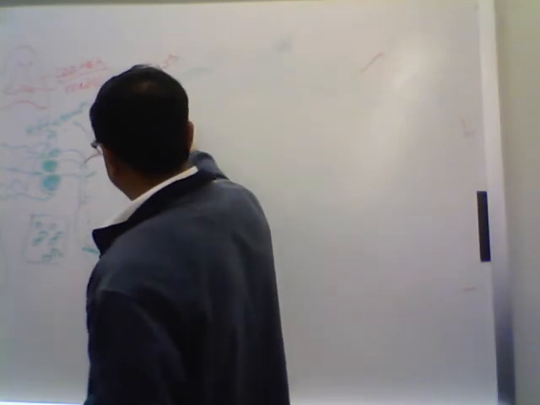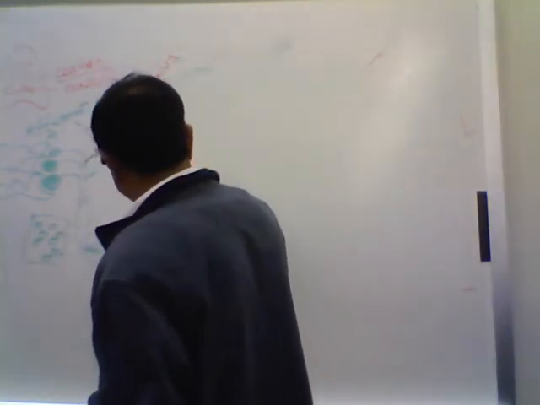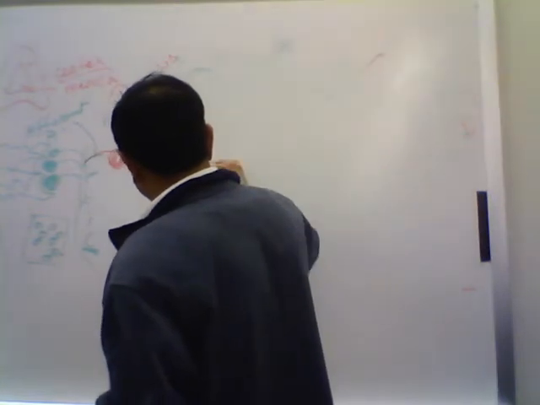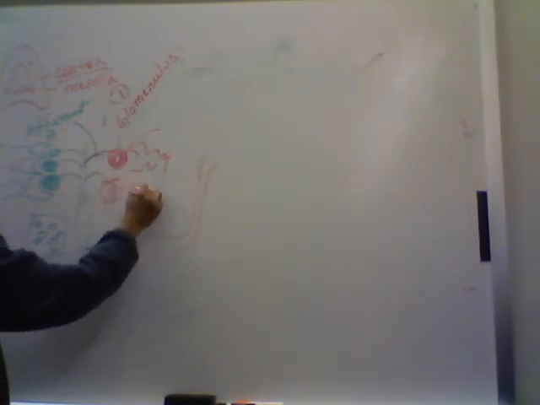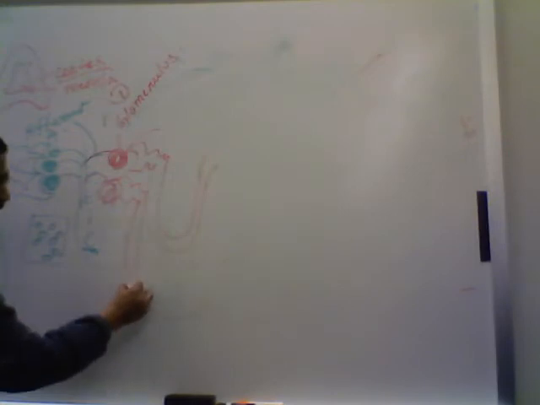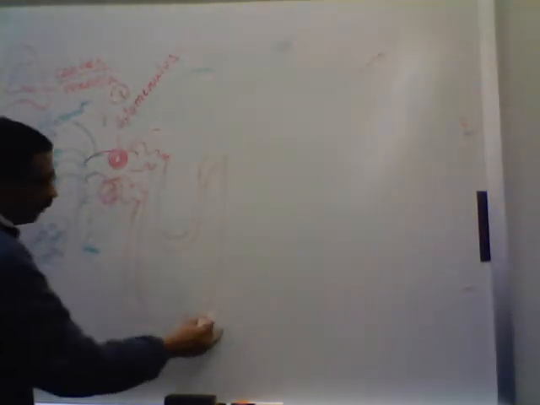Then this is the efferent arteriole, and this is the nephron here. This is the nephron, and this is another glomerulus, and this is another nephron, like this. Okay, long loop. Okay, two nephrons.